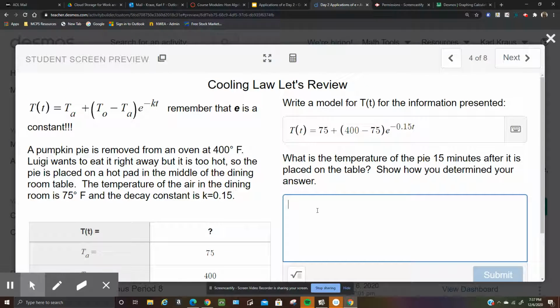So the temperature of the pie after 15 minutes, T of 15, whoops, capital T of 15.